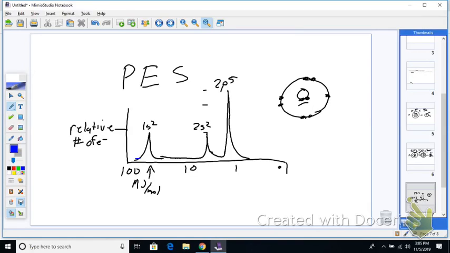Goes along and it looks like you got one here, and then you got one here, and then we got one here. So what do you guys think this one is here? 1s2. That's the 1s2 for boron. And this is 2s2. And then this is 2p1.